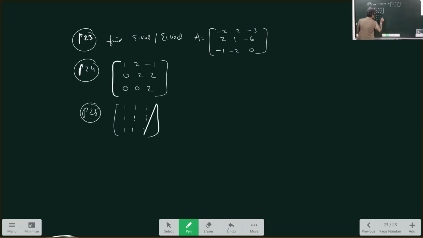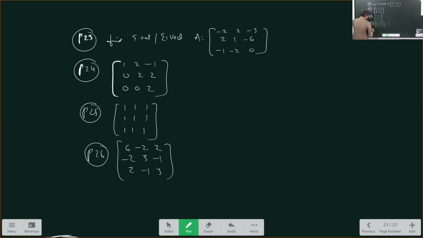P26: 6, -2, 2, -2, 3, -1, 2, -1, 3. P27.